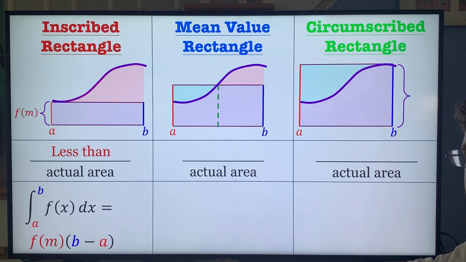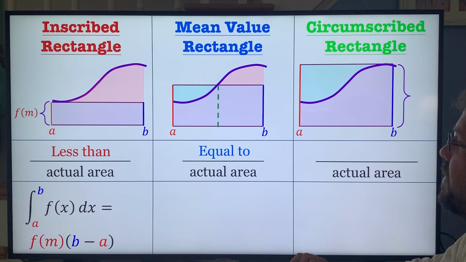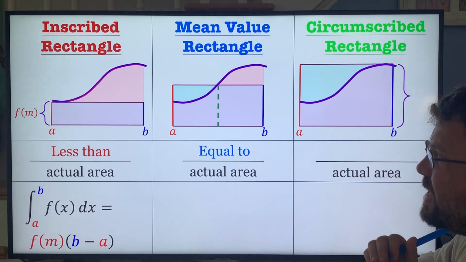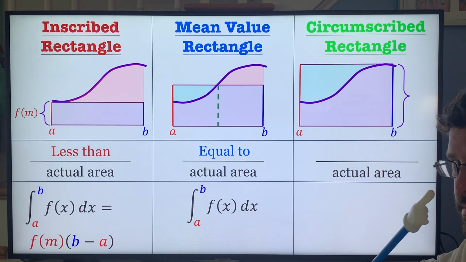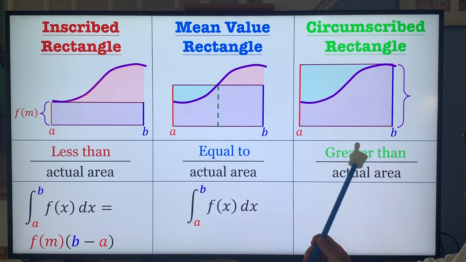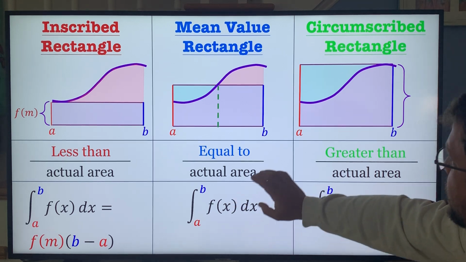You remember that? Area slightly less than your minimum. Mean value theorem is actually going to be pretty much equal to the actual area. That's going to be a true integration. All right? Then we had our circumscribed, which was a little bit greater than. That was what? Integral from a to b. We didn't use regular, we used what?